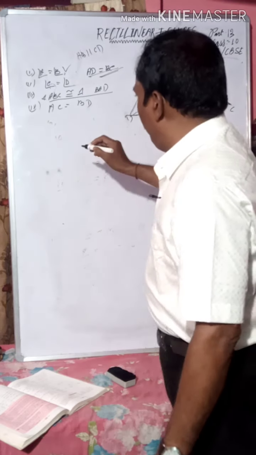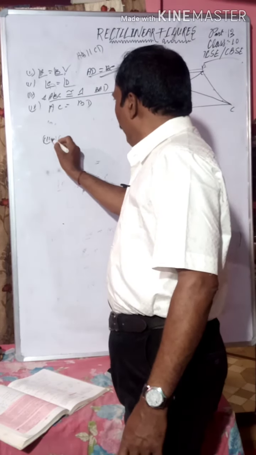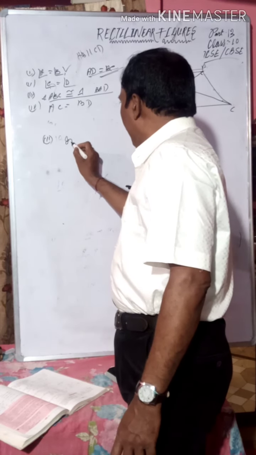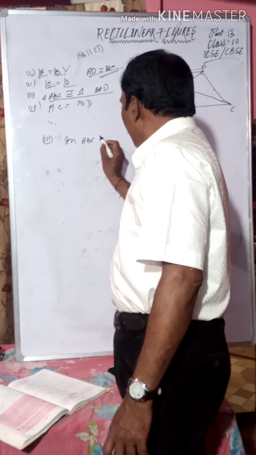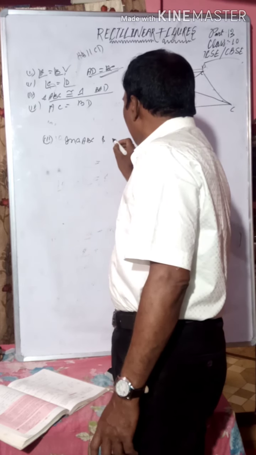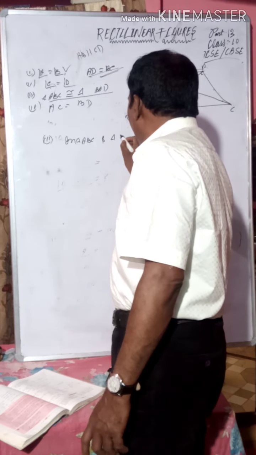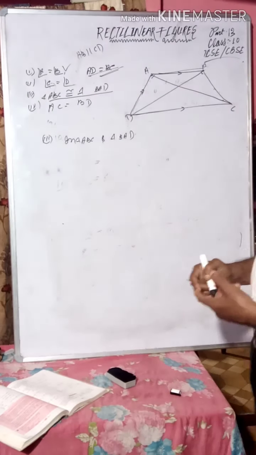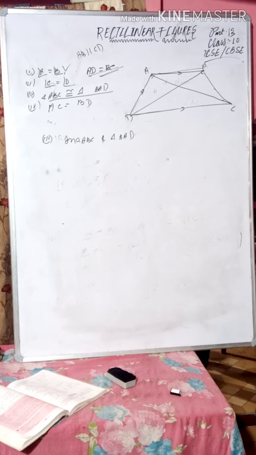We have to prove triple I. In triangle ABC and triangle BAD, we have to compare which components are equal in triangle ABD and triangle ABC.